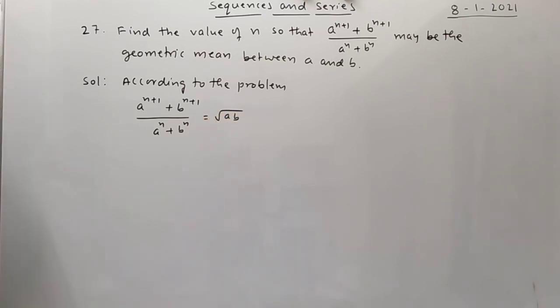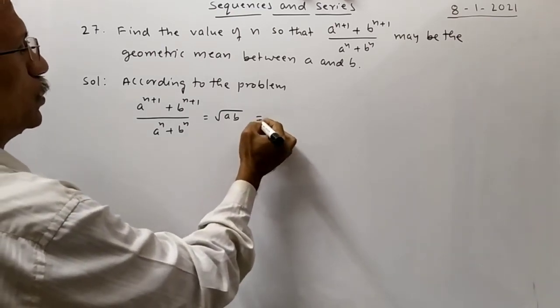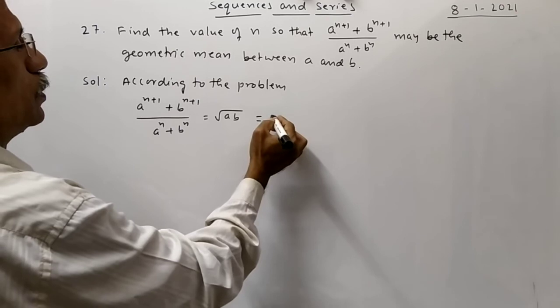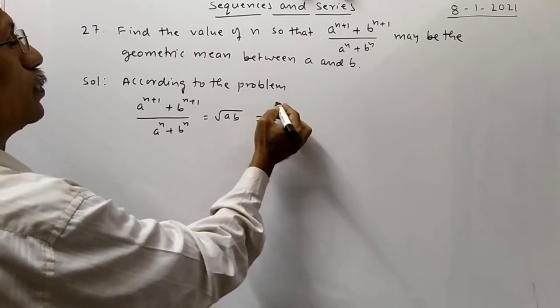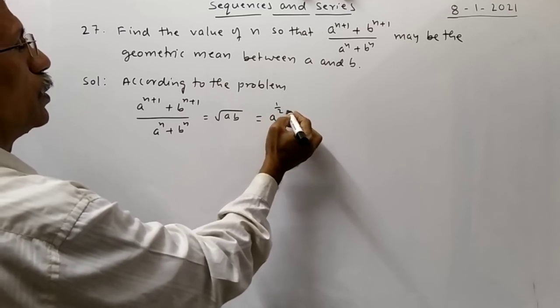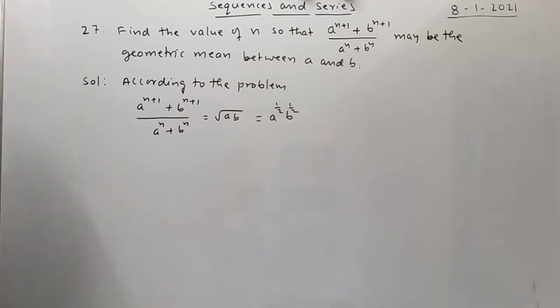That is the geometric mean between a and b. Is equal to a raised to the power 1 by 2 into b raised to the power 1 by 2.